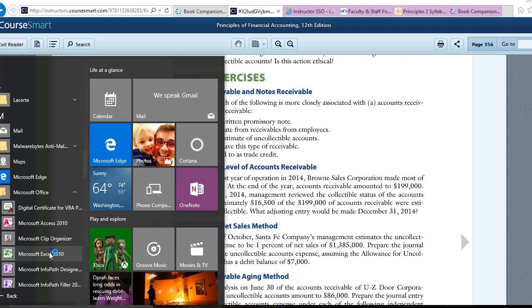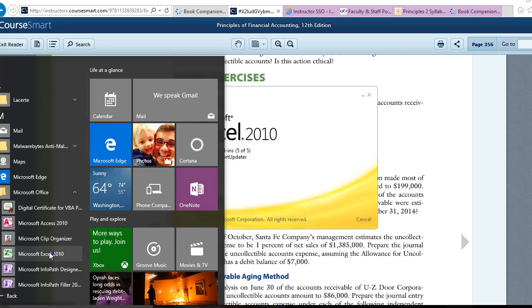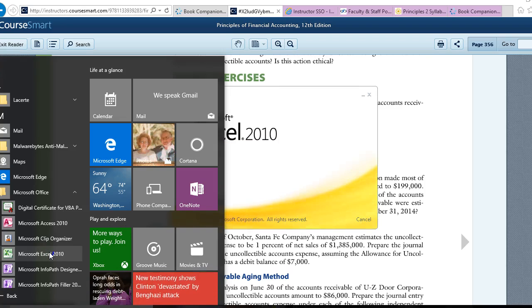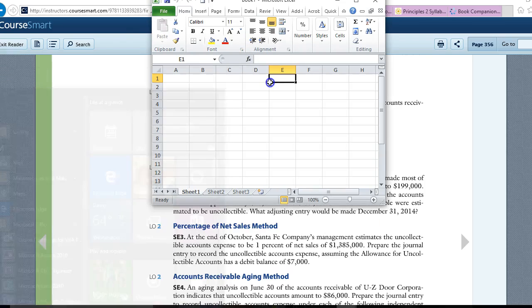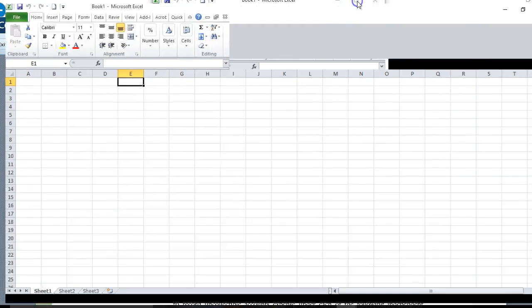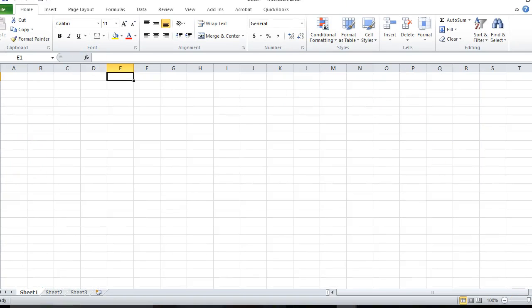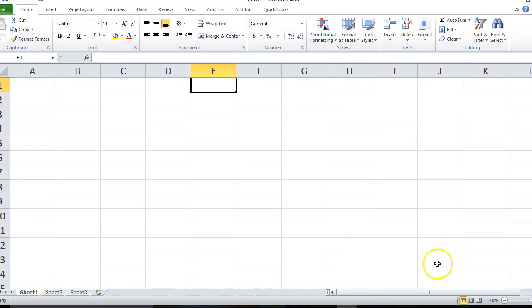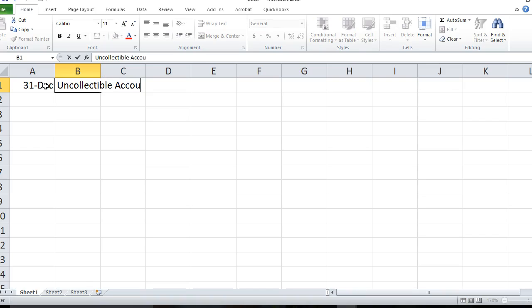So the first thing we're going to do is make this bigger so you guys can see it. First, uncollectible accounts expense. So we're going to have this December 31st, uncollectible accounts expense for how much? $16,500.